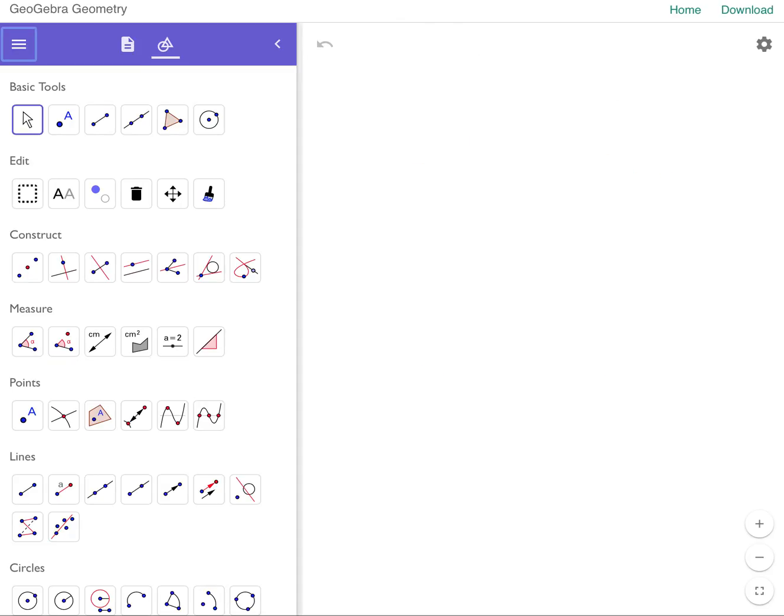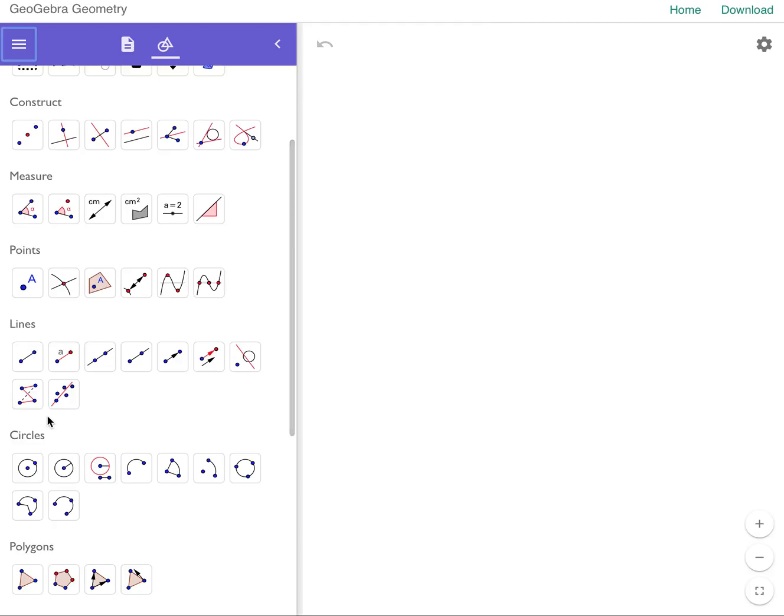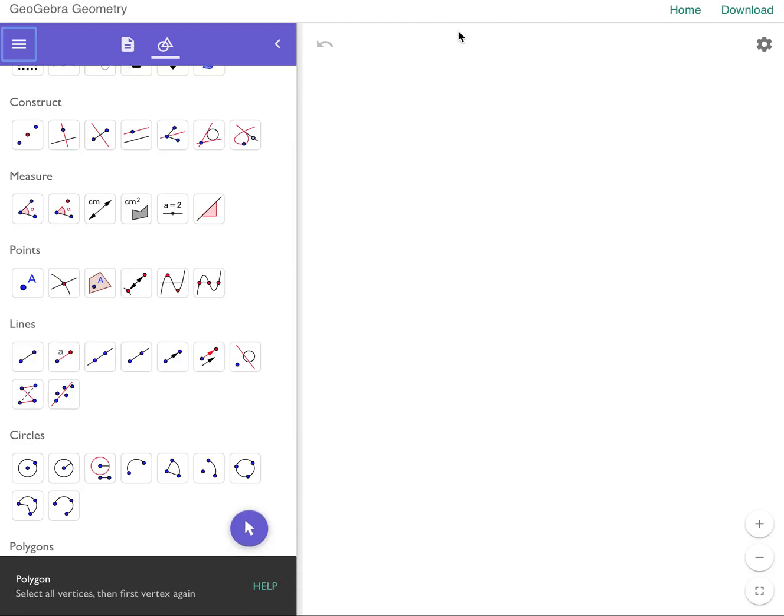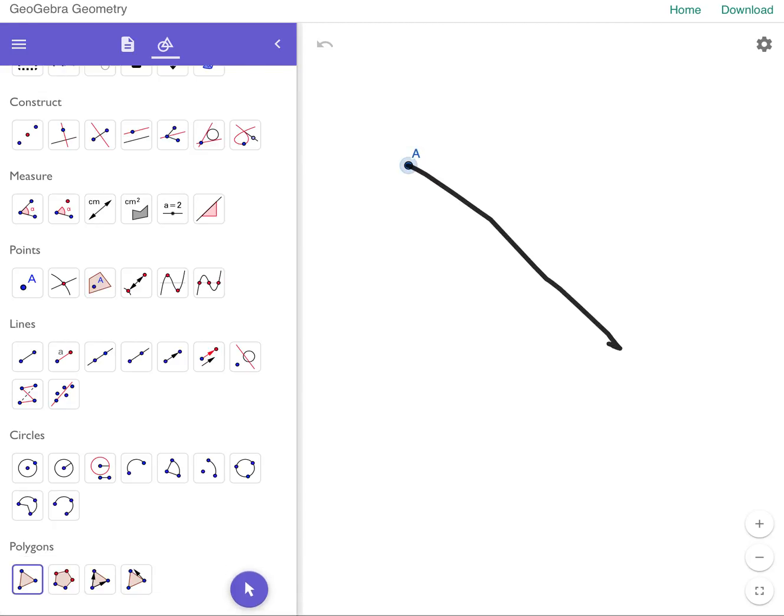The next thing that we're going to construct is a triangle. We're actually going to create an arbitrary triangle.